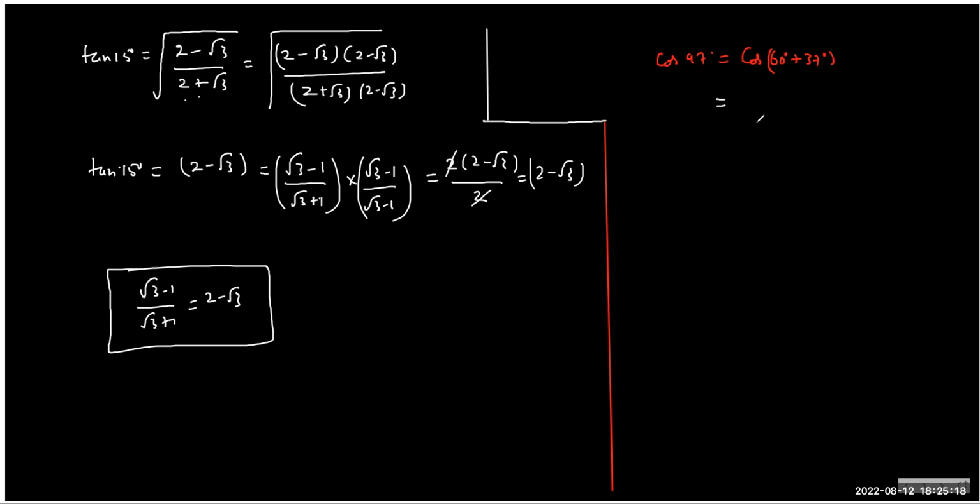Now, who will tell me the value of, so I want the triple angle formula. What is the value of sine 3A? 3 sine A minus 4 sine cube A. Very good.